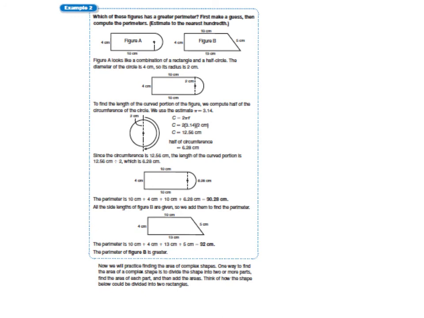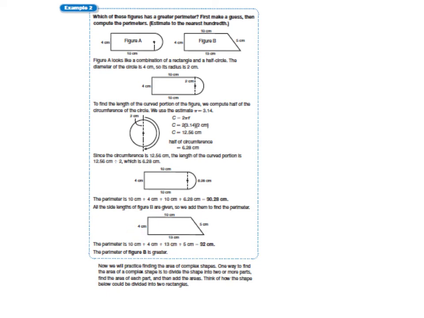So now we can get this whole perimeter by adding our 2 tens, our 4, and our 6.28 for a total of 30.28. The other figure is easier because it already is labeled 10, 13, 4, and 5.